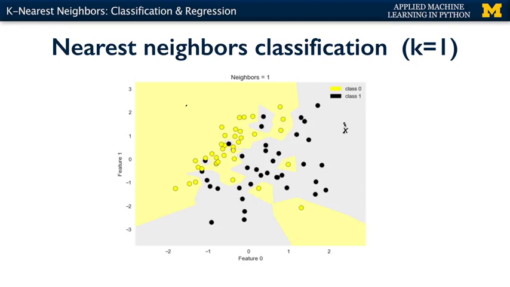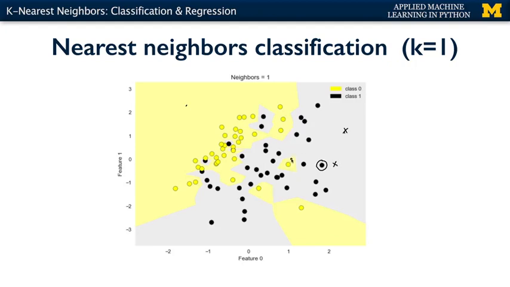Because this is a one nearest neighbors classifier, to make a classification prediction for any given query point, the classifier simply looks back into its training set. These points here represent all the points in the training set. For any given point, let's say here, the classifier will simply find the training point that's closest, namely this one, and assign the predicted class to simply the class of the nearest point in the training set.